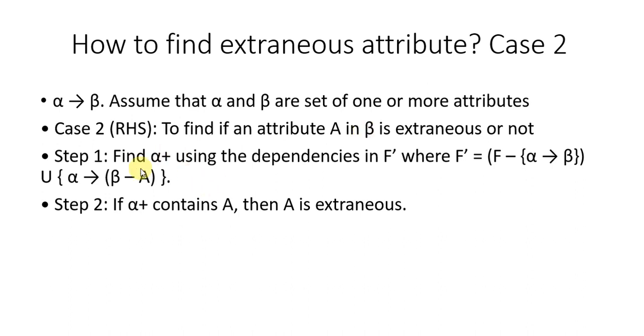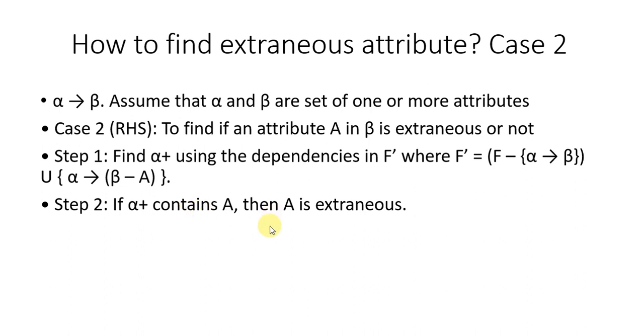Okay, alpha to beta minus A. And what we can say is, if alpha plus contains A, then A is extraneous. We find alpha plus using the dependencies F dash.